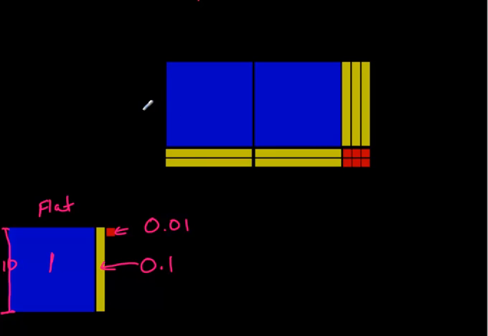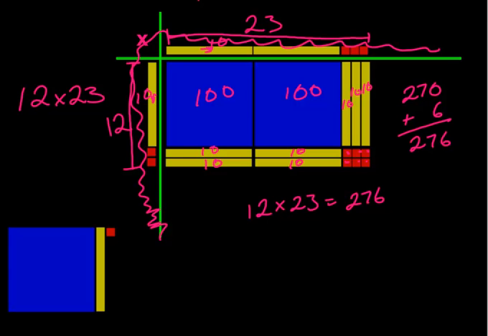So when we take a look at this value now, if this side of this flat represents 1, and these things represent 0.1, so we have 0.2, then this whole side of this base 10 model is 1.2. And if we think back to our previous, that side represented 12.